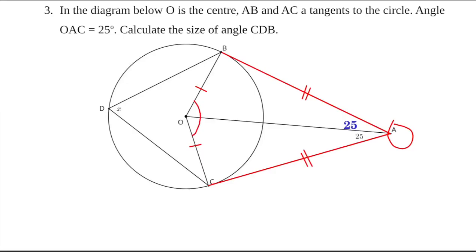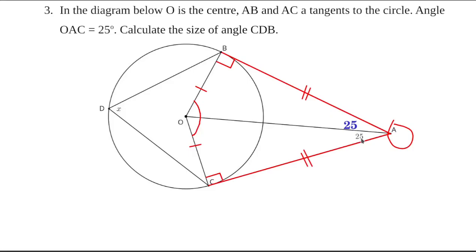Or another way to find this one is to say there is a radius meeting a tangent. There is 90 degrees here. The radius is meeting a tangent, 90 degrees. Then this is 25. So this angle should be 90 take away 25.